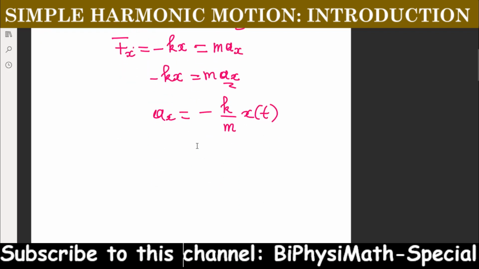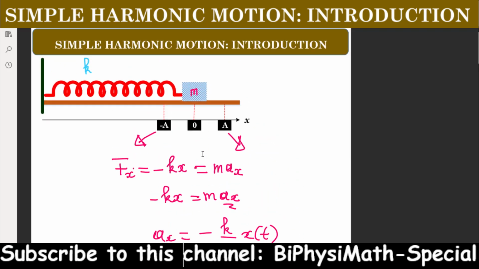Now we can find the magnitude of acceleration. The maximum acceleration equals k over m times the amplitude. Now, this was for introduction.